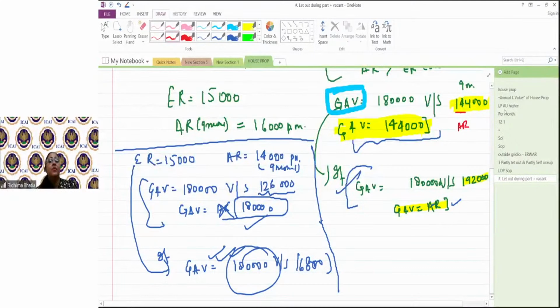That's why in such a genuine case you can take your gross annual value to be your actual rent.